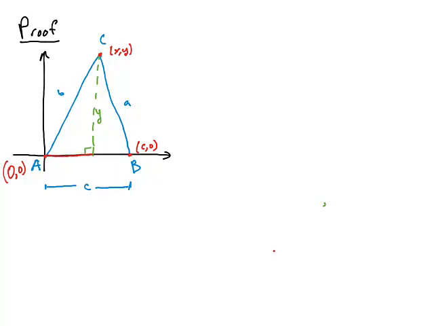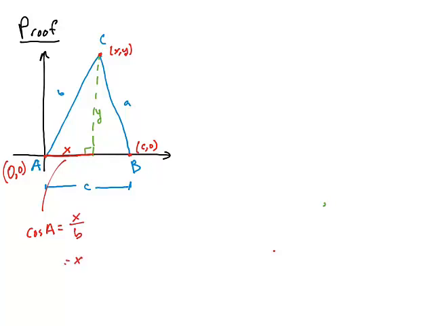For the length of the x-coordinate, if I take the cosine of angle A, cosine is adjacent over hypotenuse, which would be b.